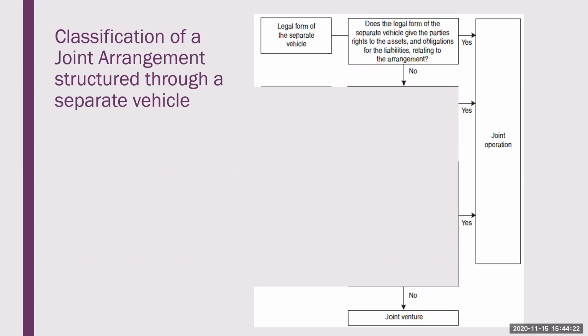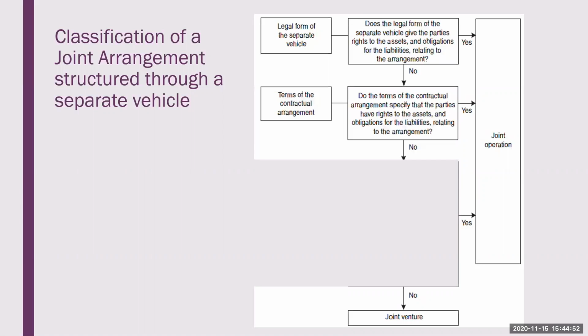So the legal form of a partnership would indicate a joint operation. If, on the other hand, the legal form was that of a company, where each of the parties only gets a share of the net assets, i.e., the shareholders' equity, and not the assets and liabilities per se, well, in that case, we would call that a joint venture.